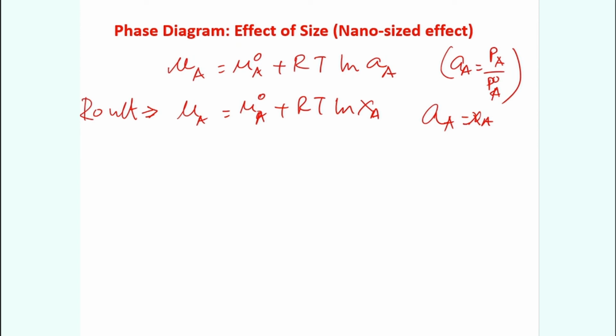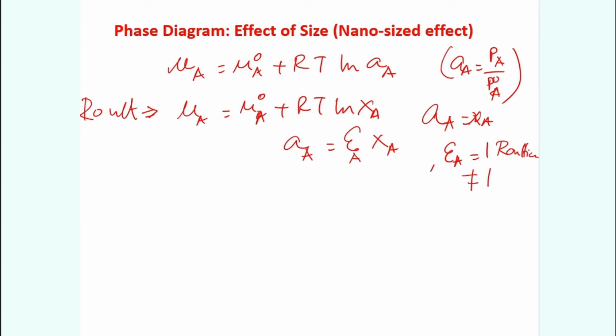But to generalize these things, one can say A is equal to gamma A into XA. Well, we should not write gamma A, it will confuse. Let us write down something else: epsilon A into XA. So, epsilon A is constant 1 for Raoultian, and it is not equal to 1 for others, correct. It can be less than 1, actually in most cases. For Raoult's law, this will be equal to 1, and then the activity becomes the mole fraction.